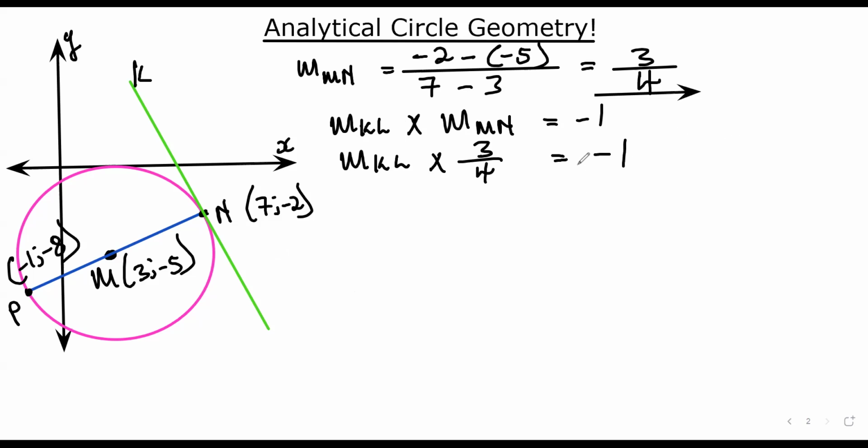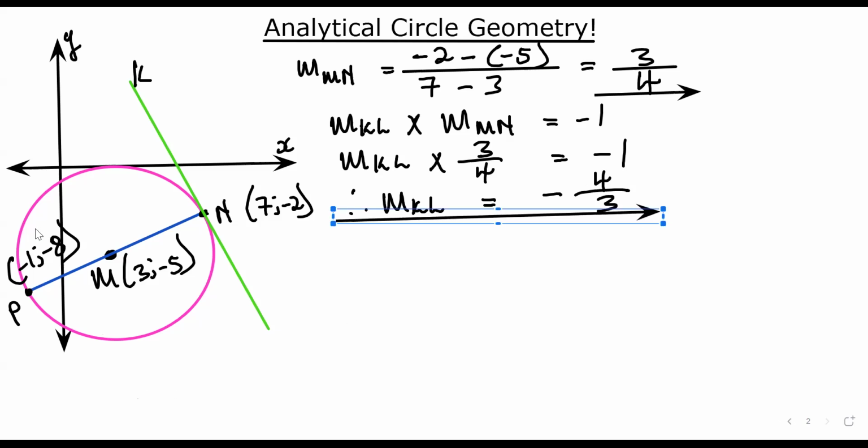And the product must give us -1. So now we need to divide both sides by 3/4, all right? So when we say -1 divided by 3/4, then we find that the gradient of KL is just going to be -4 divided by 3. So now we know the gradient of a tangent.